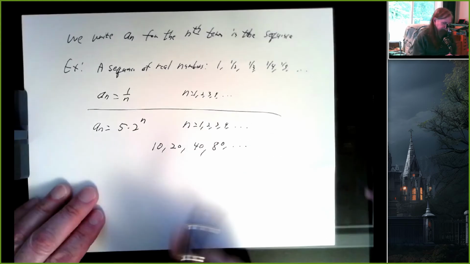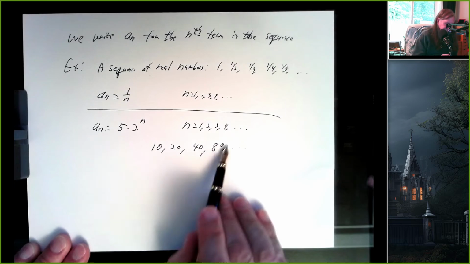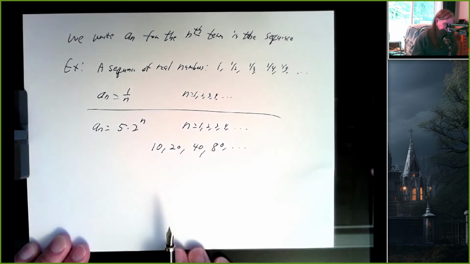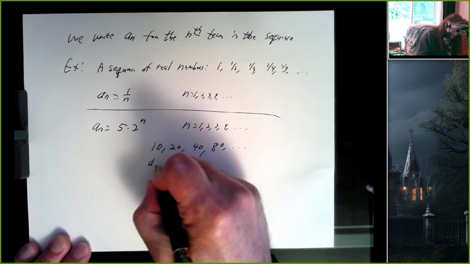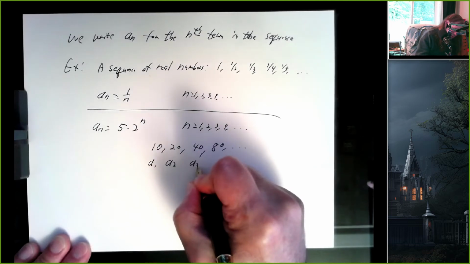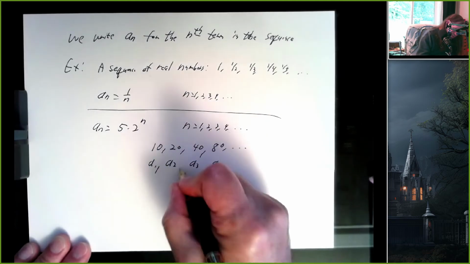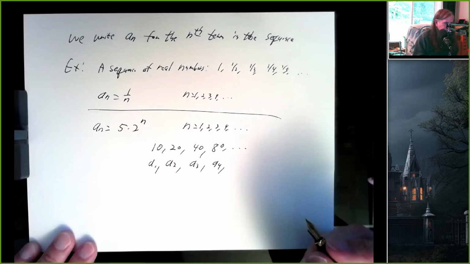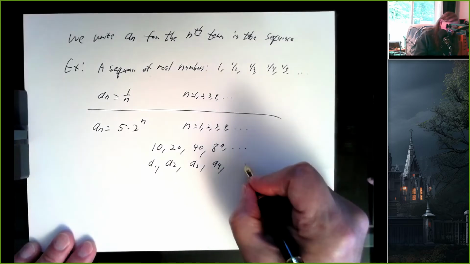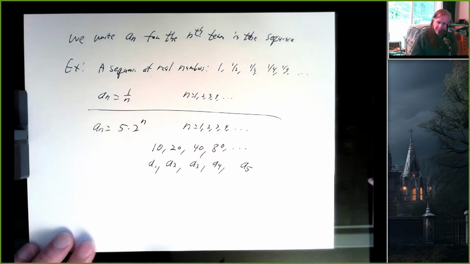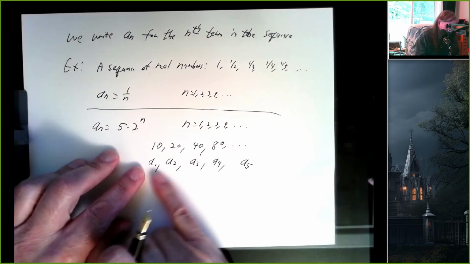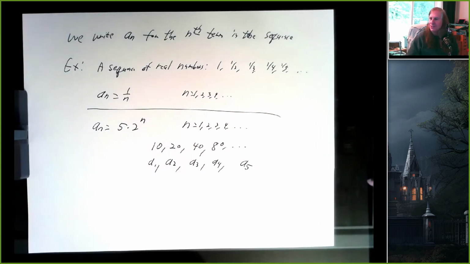So for example, I had a sequence here, 10, 20, 40, 80, and so on, right? This was the first term, the second term, the third term, the fourth term. Is there a way to describe the fifth term as some property related to these earlier terms?